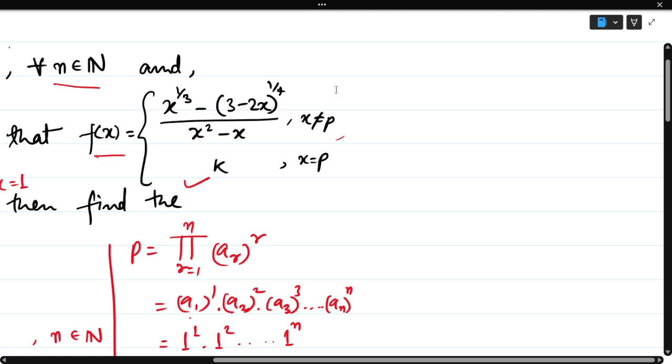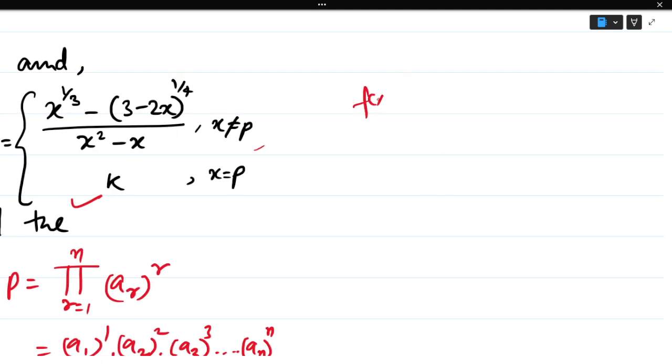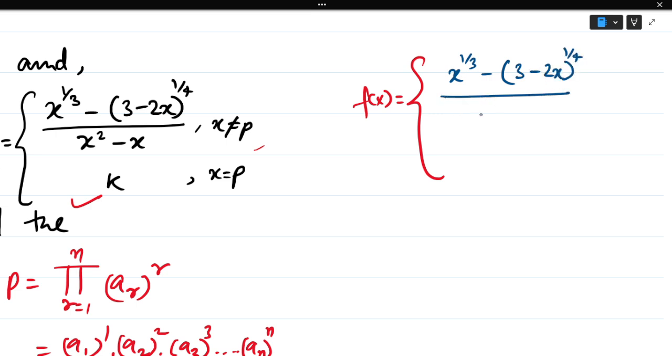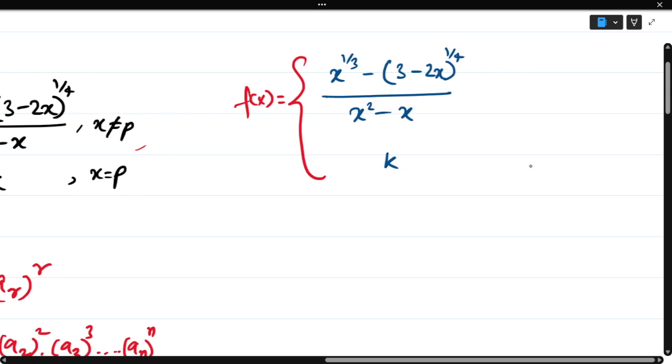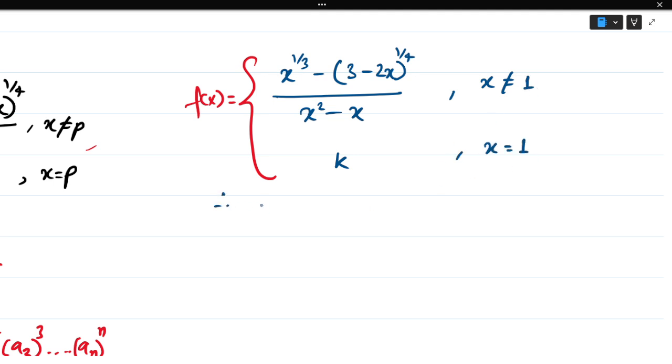So now f(x) is given by x to the power 1/3 minus (3 minus 2x) to the power 1/4, and in the denominator we have x squared minus x, for x not equal to 1, because p is 1. So f is continuous at x equal to 1.